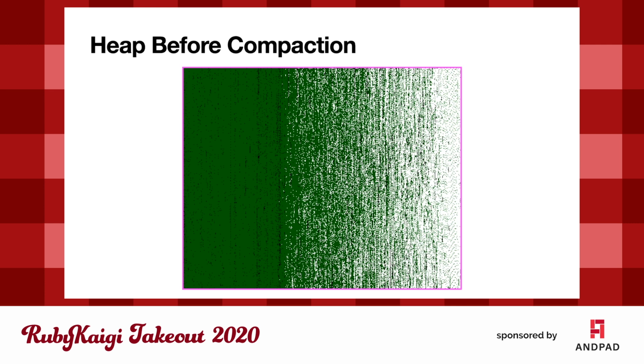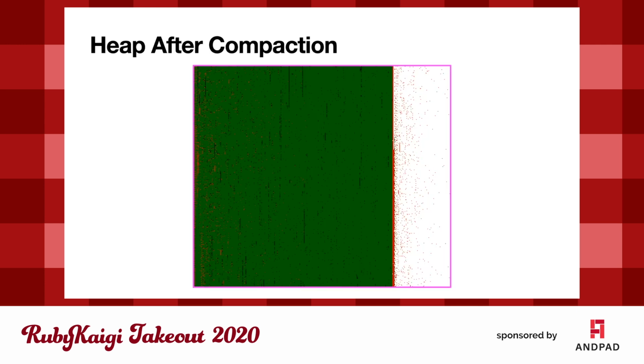Green and black dots are living objects, and white dots are free space. After compaction, the heap looks something like this. Green and black dots are regular objects. Red dots are objects that couldn't be moved. In this graph, it's more narrow, and that means that we're actually consuming less memory.